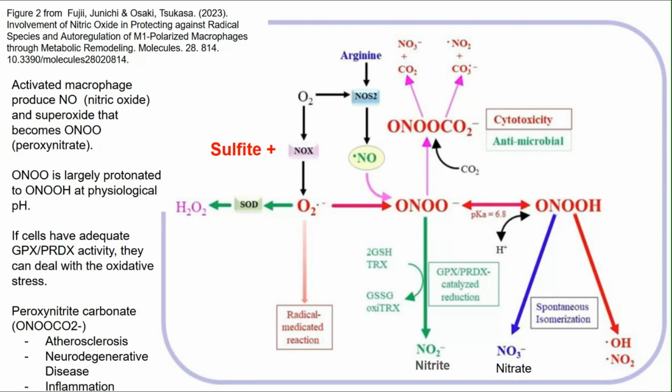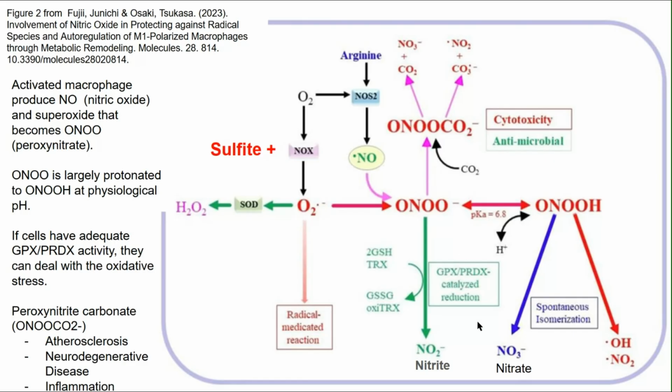Now, your macrophage itself should have its own antioxidant system, so that it's not hurting its own self, right? But again, these things can be released. The nitric oxide can be released into the extracellular space, as can the superoxide.